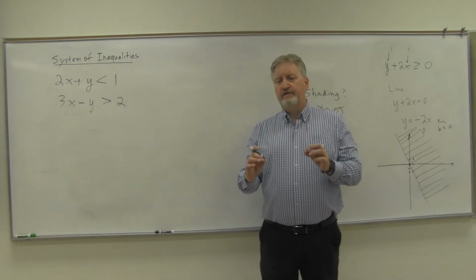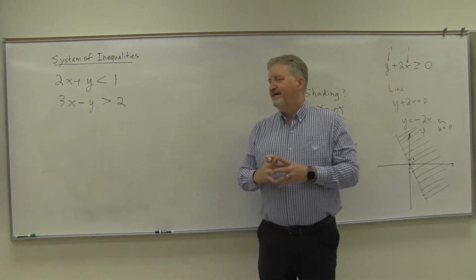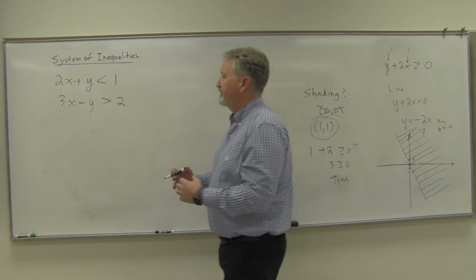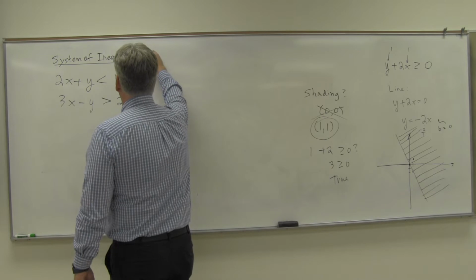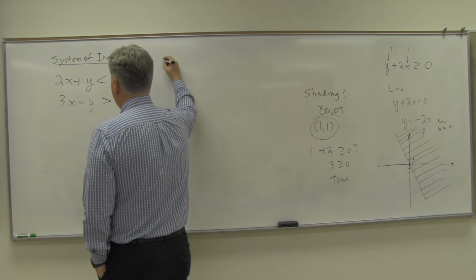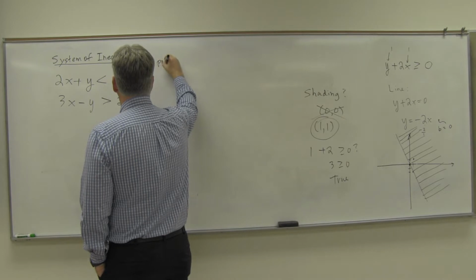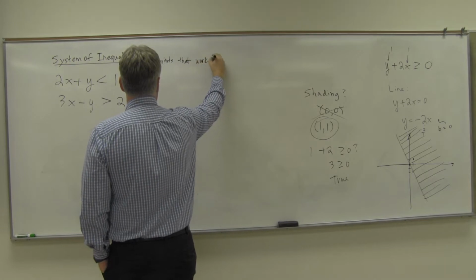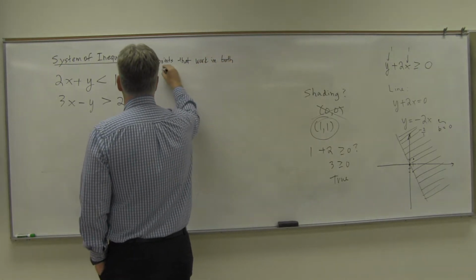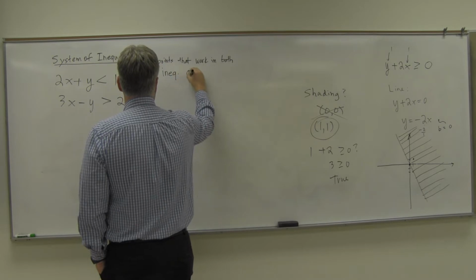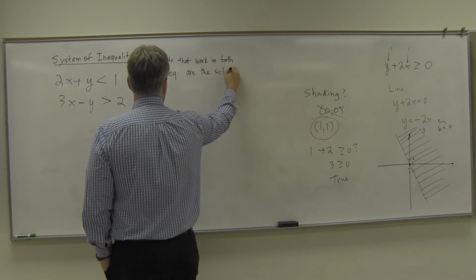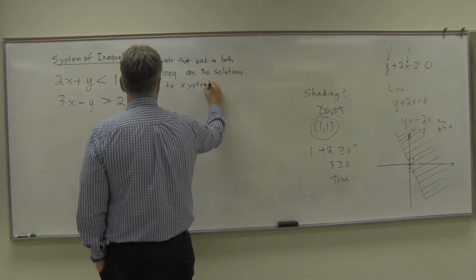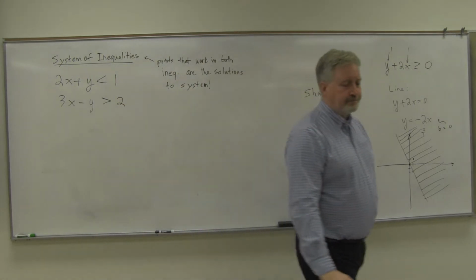So we have to get a point, or points, there's going to be several points, that work in both inequalities. All right, so that's what we're going to look at. We're going to find the points that work in both. Those are the solutions to the system. All right, so let's keep that in mind.